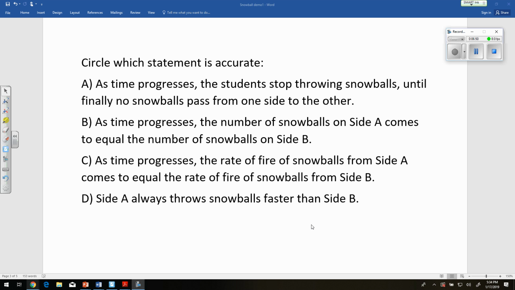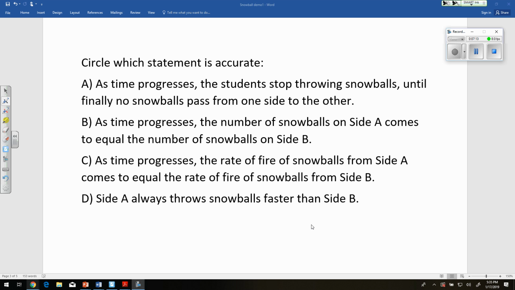B. As time progresses, the number of snowballs on side A comes to equal the number of snowballs on side B. C. As time progresses, the rate of fire of snowballs from side A comes to equal the rate of fire of snowballs from side B. D. Side A always throws snowballs faster than side B.